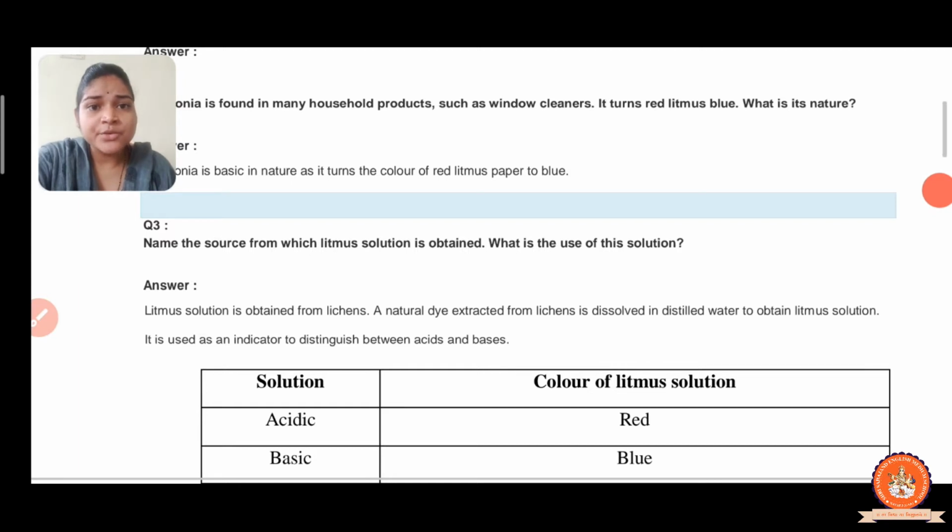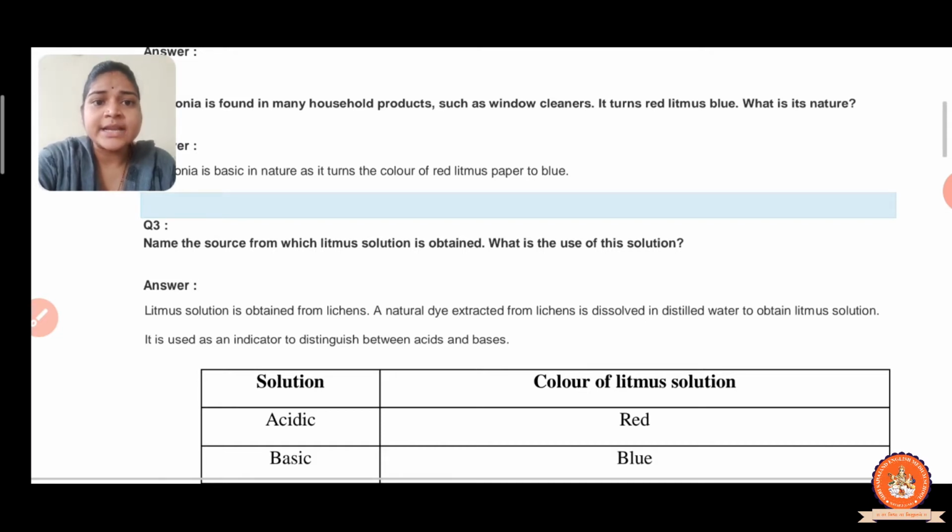The litmus solution is obtained from lichens; it is a natural dye extracted from the lichens. It is dissolved in distilled water to obtain litmus solution. So the lichens are dissolved in distilled water and then we obtain the litmus solution, right?